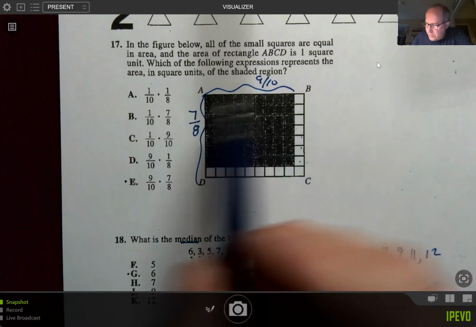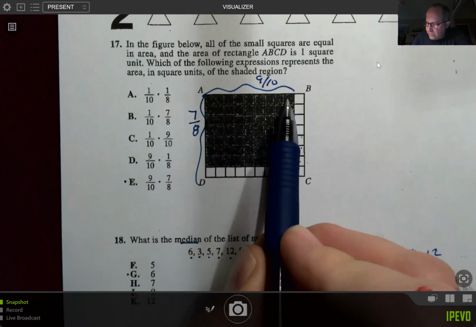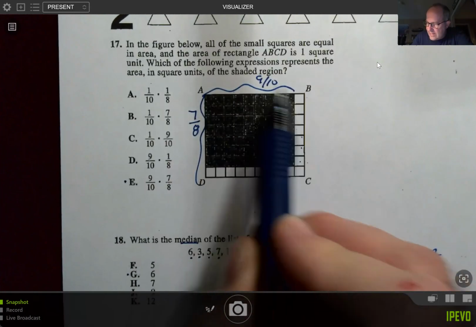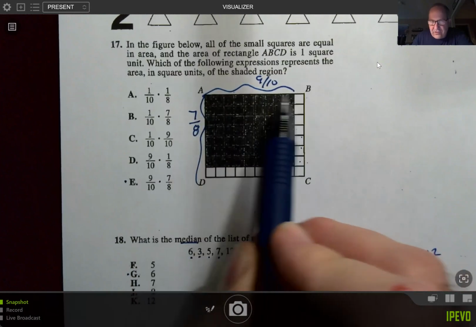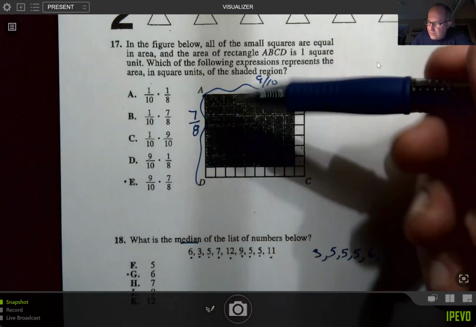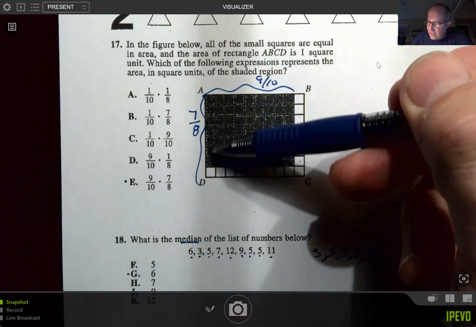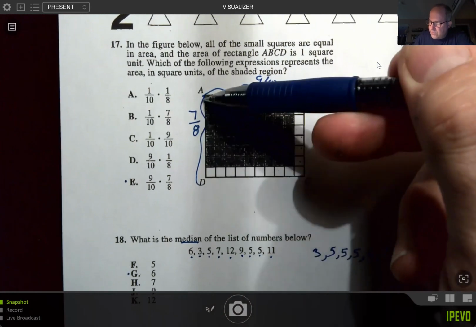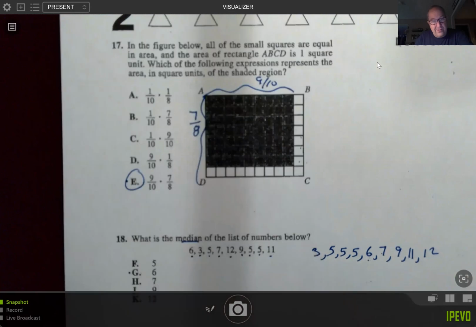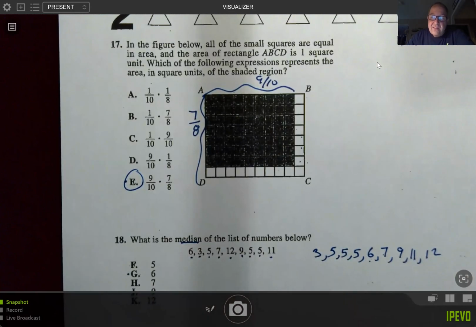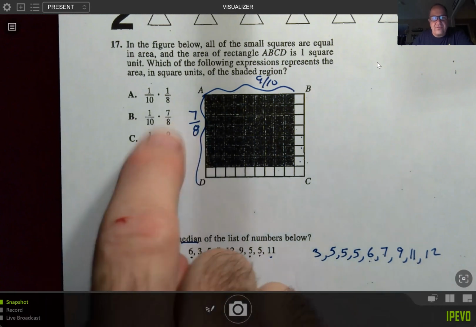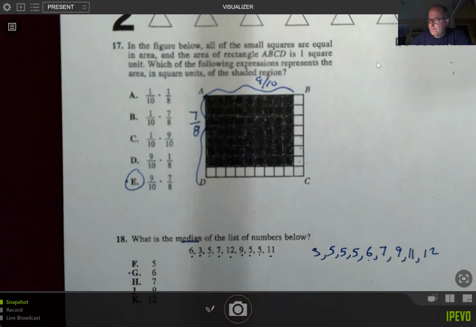Well, I noticed that there were 9 squares shaded out of going 10 across. So I'd say 9/10 is what's shaded this way. And this way, there are 7 squares shaded out of 8. So 7/8 here. Well, I think we could see it. It's right there. Kind of an interesting question, multiplying fractions. But if you glance at the answers first, it'll help you.